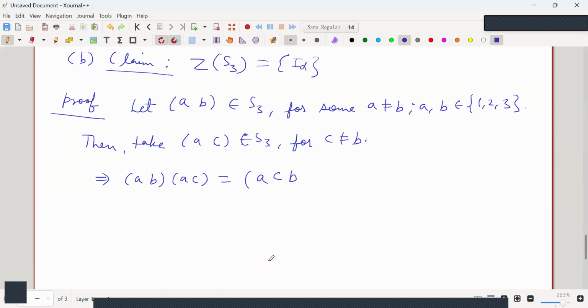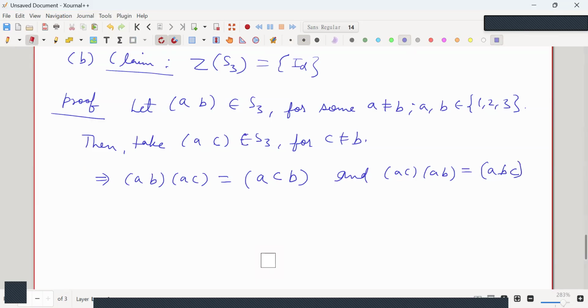B is going to A, so this will close. And what is AC times AB? A going to B, B is going to A, A is going to C, so this is (A B C), and C is going to A again. This will close.